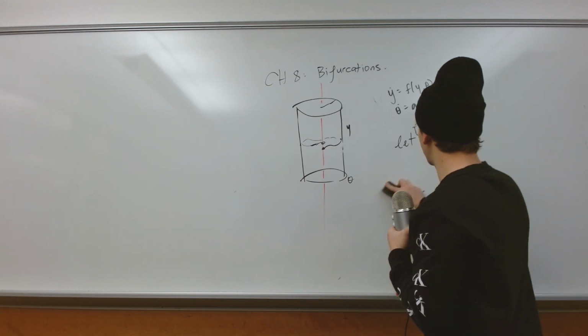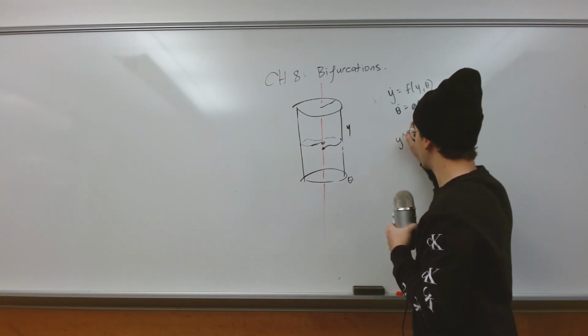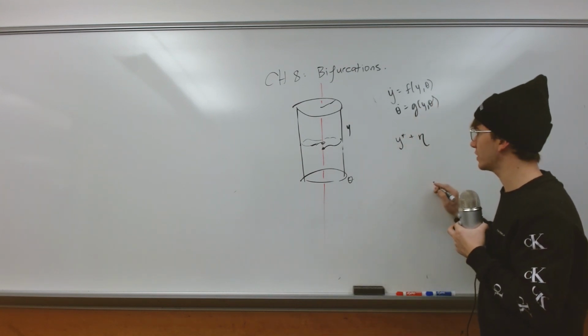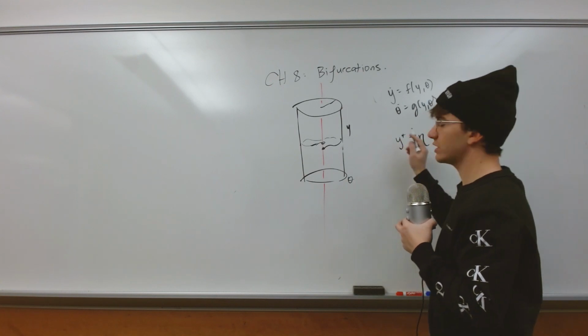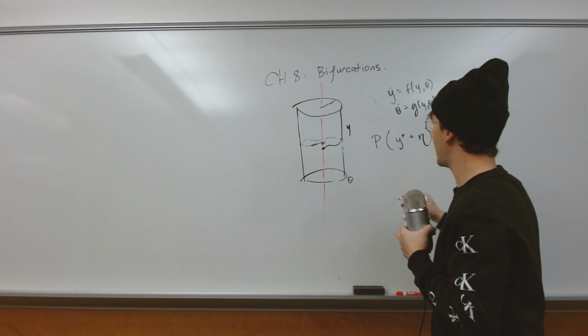Now let me explain why this is. Basically, it's because if I start at y star and then I perturb the system by some nu, okay? Let's say I start at some slight perturbation away from the periodic solution, and now I take the Poincare mapping of this.